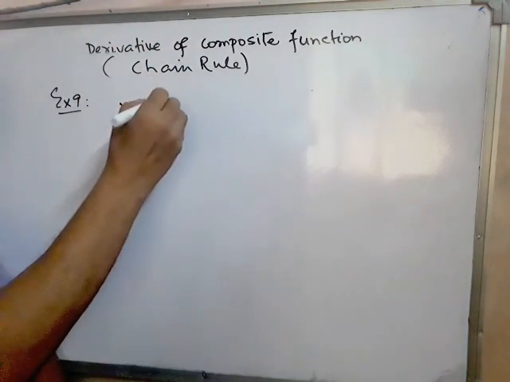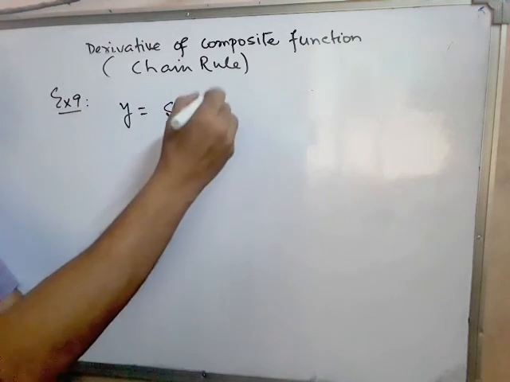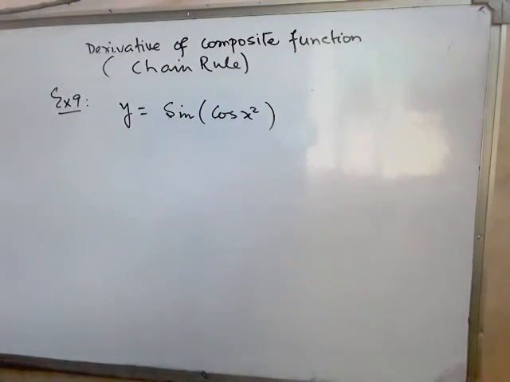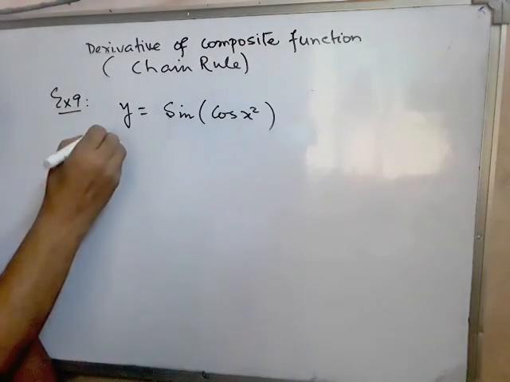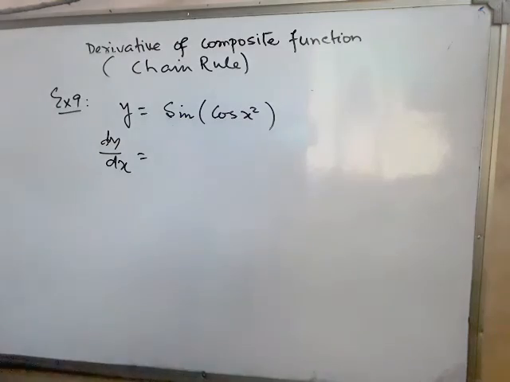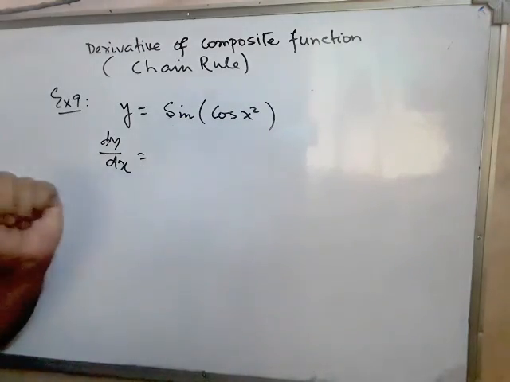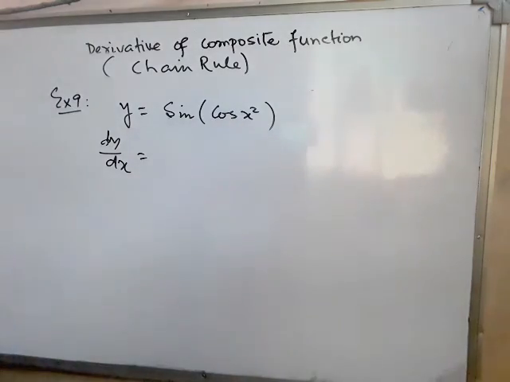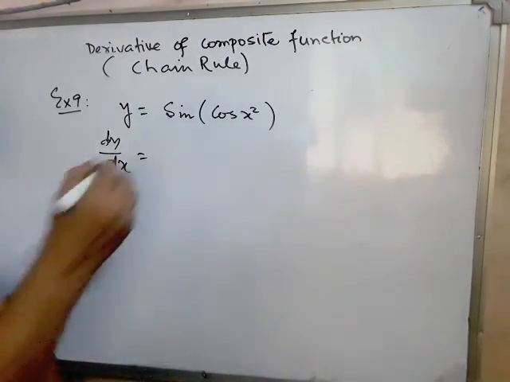Y equal to sine of cos x square. So therefore dy by dx, little pay attention over here. Mentally we will consider sine u. So derivative of sine u will be cos u.